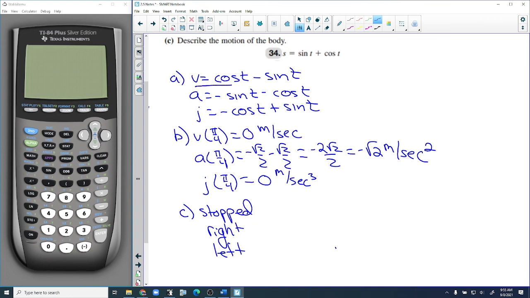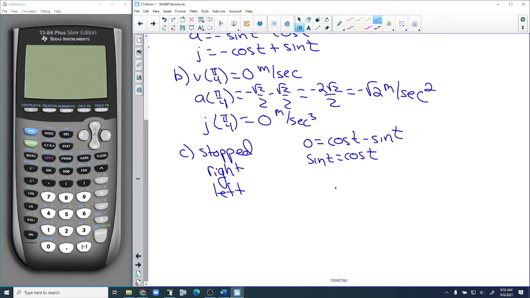We do that on the velocity right there. So stopped, we have 0 is equal to cosine of t minus sine of t. So we need to know where sine is equal to cosine from 0 to 2 pi. What, pi over 4? Aren't they both square root of 2 over 2's?